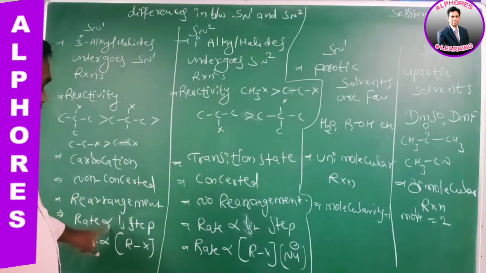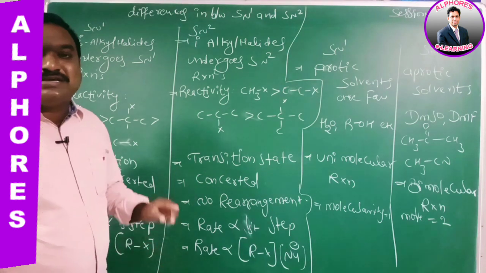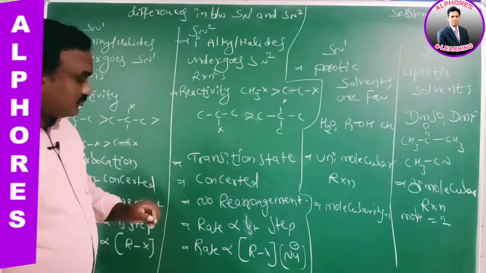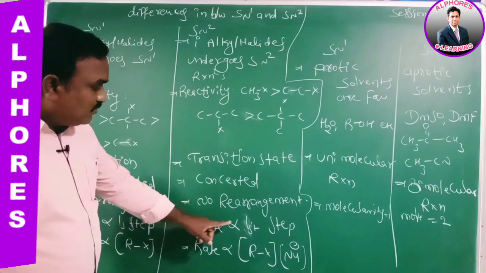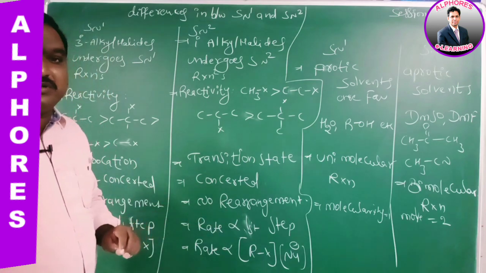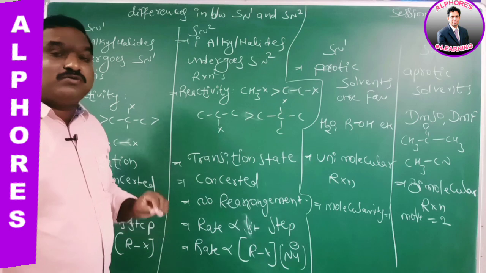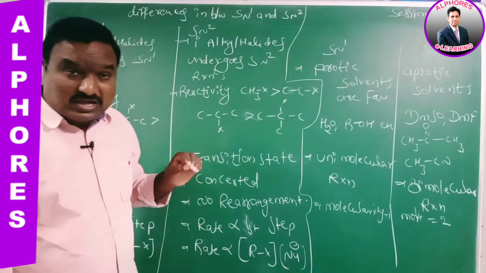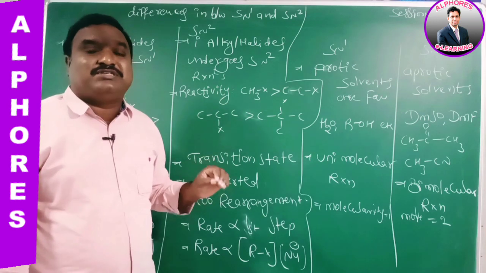In a unimolecular reaction, the first step is the bond cleavage step, and the rate is directly proportional to that first step. Here also it is the same, because in bimolecular nucleophilic substitution reactions the first step is also the slow step.